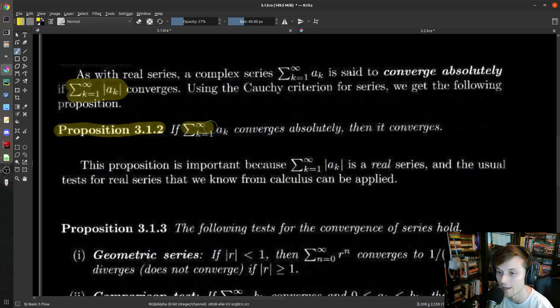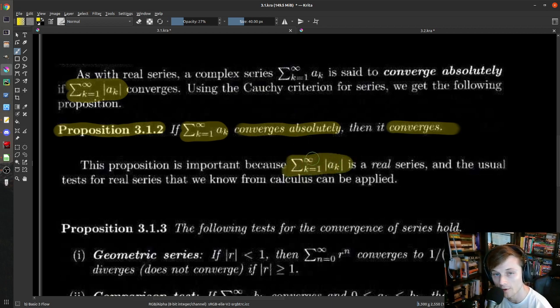It says that if a series of complex numbers converges absolutely, then it also converges. So this says that absolute convergence implies convergence. This is very important because absolute convergence allows us to use all of our things from Calculus 2.